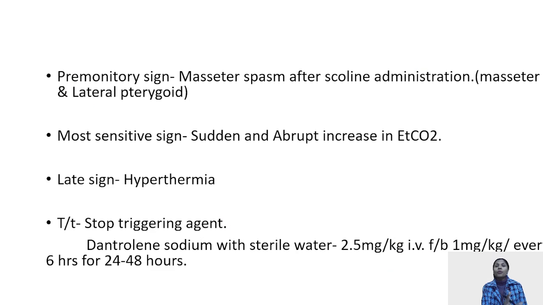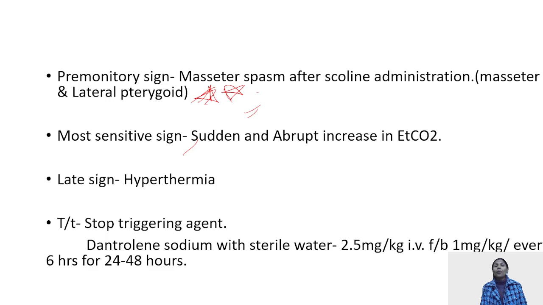The first premonitory sign is masseter spasm after succinylcholine administration. We have the spasm of the masseter muscle and lateral pterygoid muscle. Please remember this. The spasm is that of your masseter muscle and lateral pterygoid muscle.